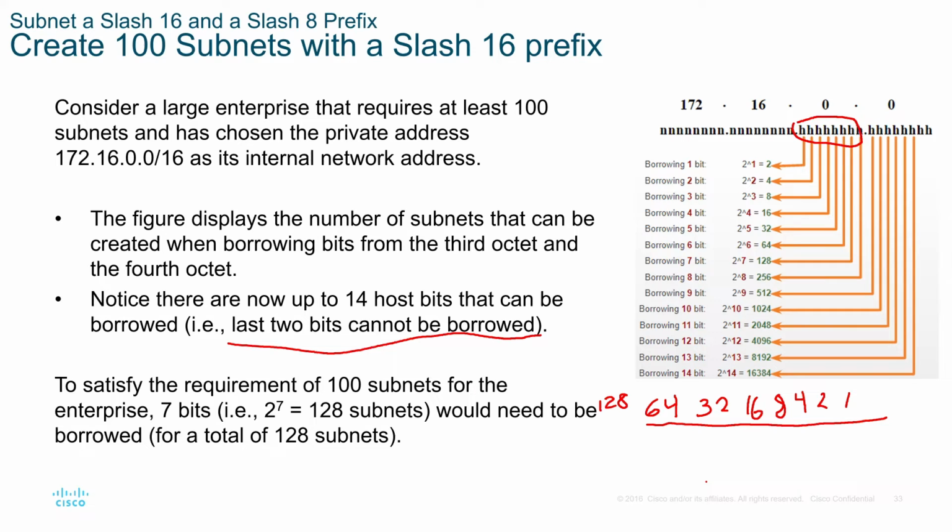The reason that we say borrow at least 2 is that the last subnet normally cannot be used because the broadcast is the broadcast for the entire network. It can be broken down further so that we do not lose all those addresses.